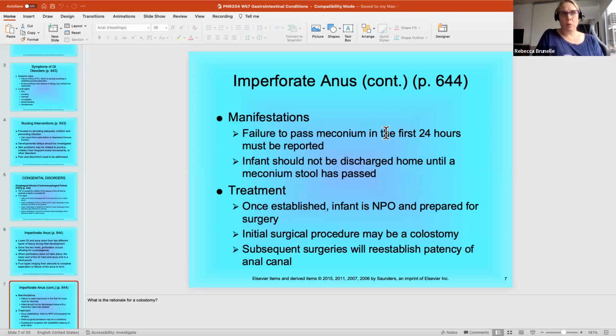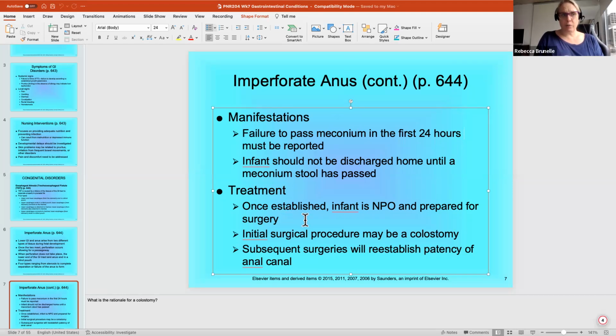So meconium is that first stool that you see in babies. Babies should all poop within the first 24 hours, and you should never discharge a baby home until they've passed their first meconium stool. So if you have a baby that's born and they haven't passed the stool, one of the things you might think about is that they could have an imperforate anus.